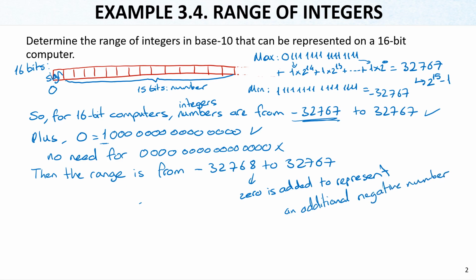It is not negative, it is just 0, but we represent it as if it were a negative number with the sign notation in the digit. So this is basically the main idea, showing the integers in a computer for 16 bits.